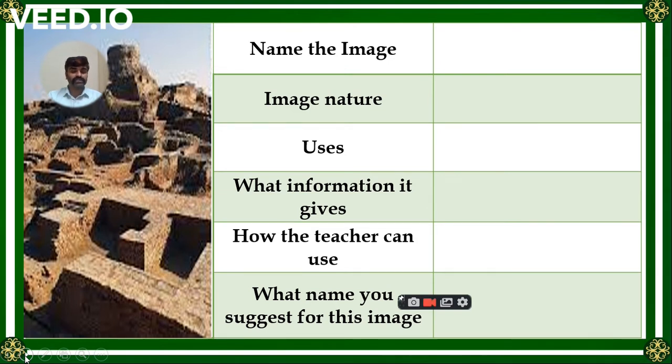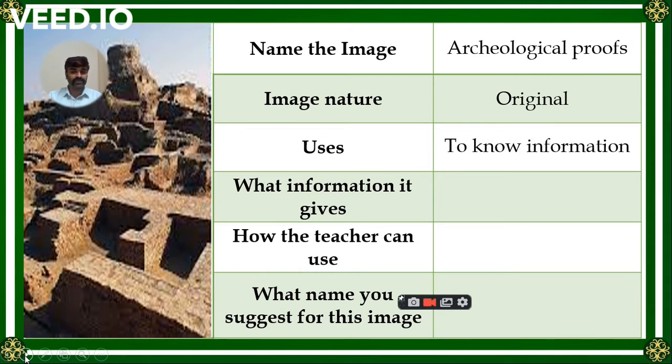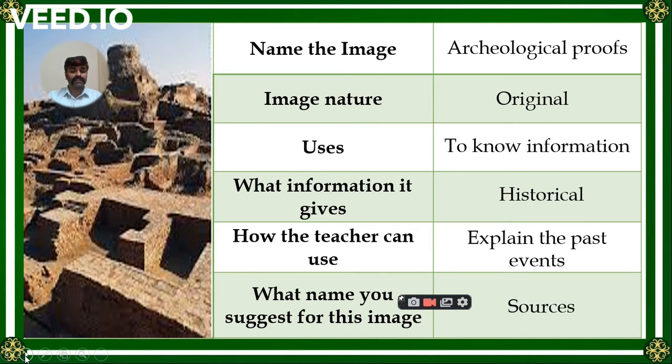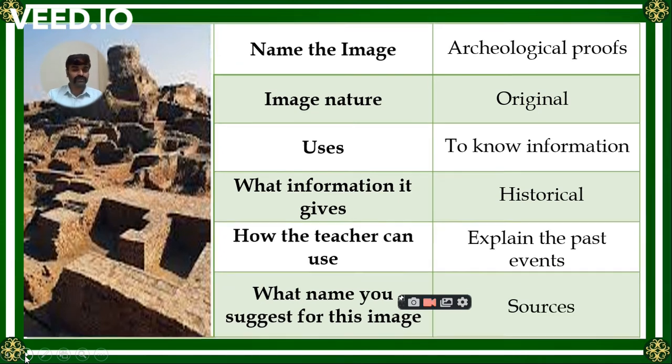This is the basic question. Please note down the answer in your notebook. Yes, the answers which you have given are correct. Archaeological proof, original source, gives information, historical, explains the past, and we can give a name for that: a source.